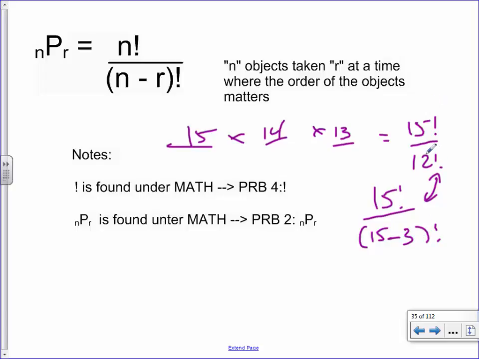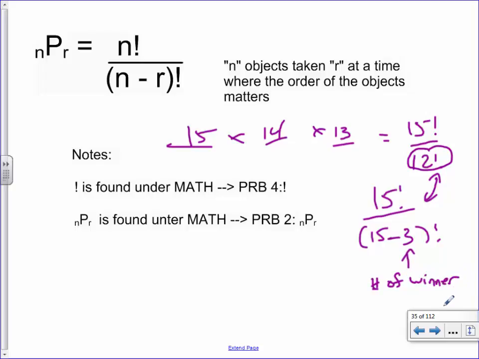You know how I was saying a few minutes ago that the 12 is the kids who don't win? If 12 kids don't win a prize, how many kids do win a prize? 3. And that's what this notation shows you: there are 15 kids total, and this 3 right down here is the number of winners.